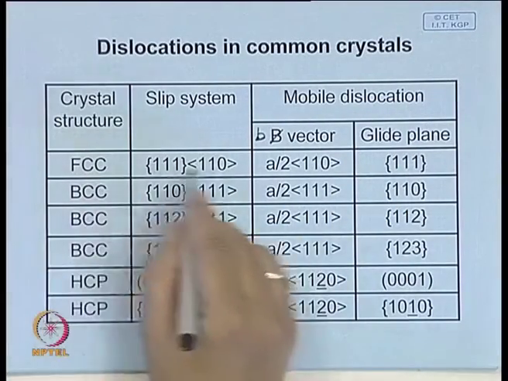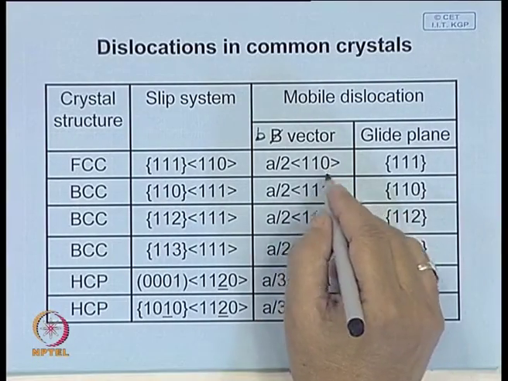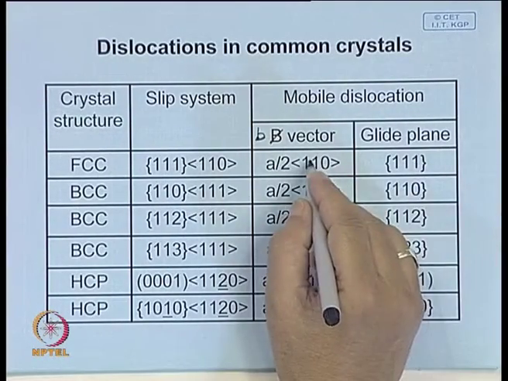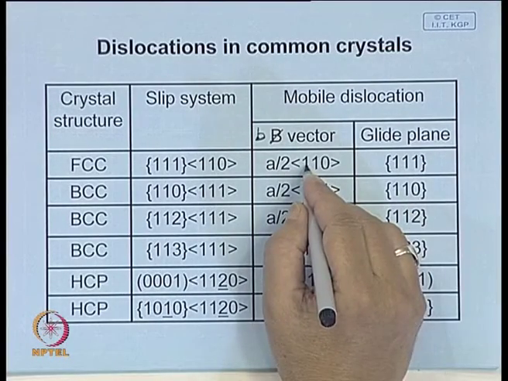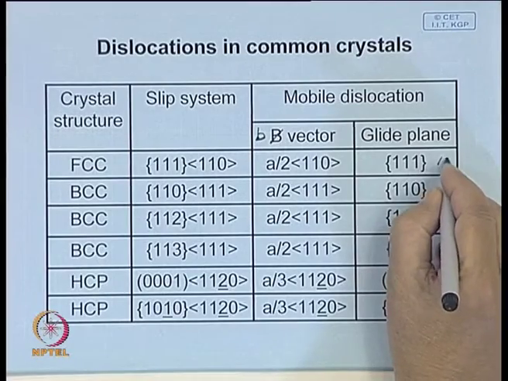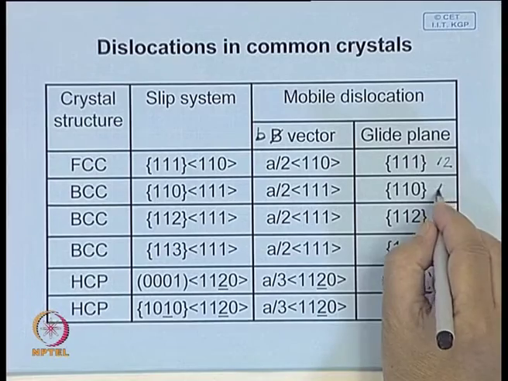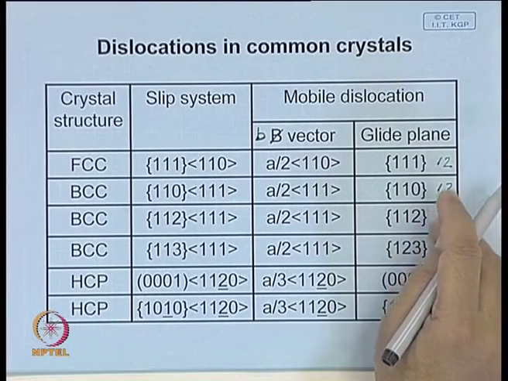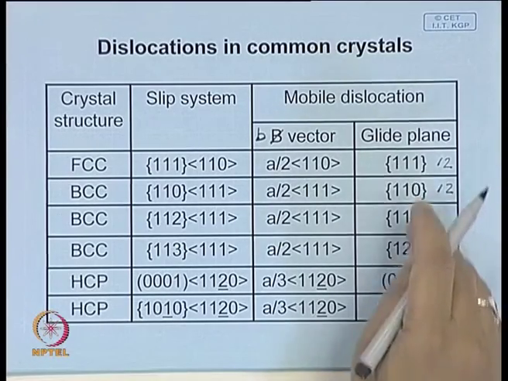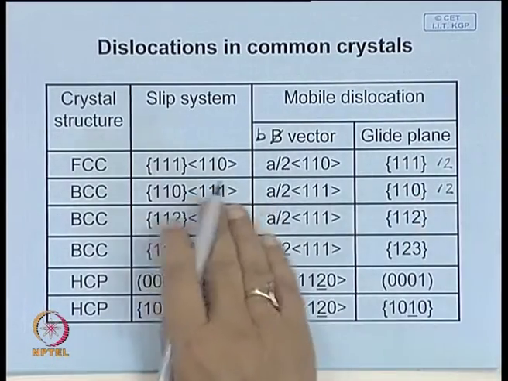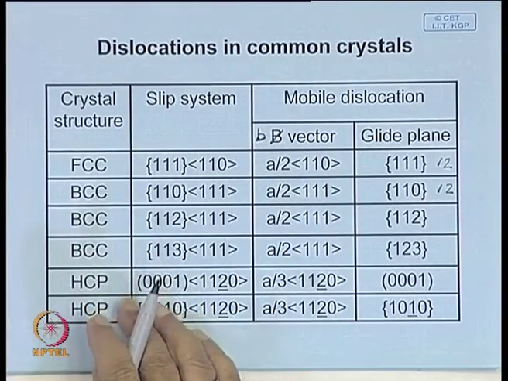Like in this case, FCC, you can have different combinations of slip plane and Burgers vector. On each of these slip planes you will have 3, so you can calculate this will be 12. Similarly, here also this type is 12. Maybe you try and find out what the possible slip systems or glide planes for the dislocations in these crystals will be.